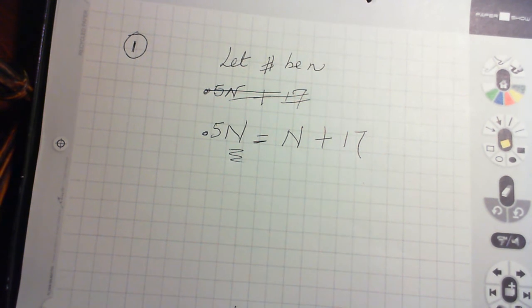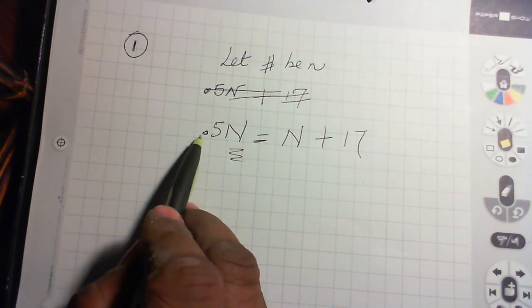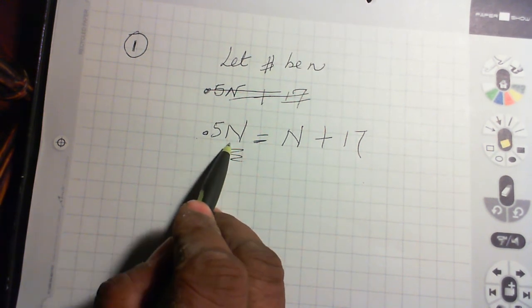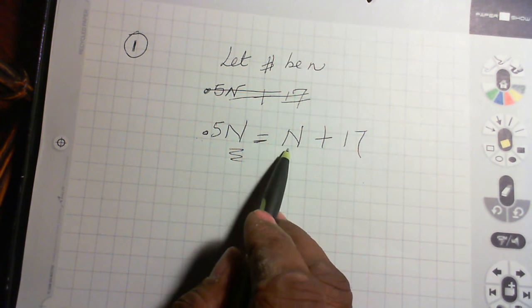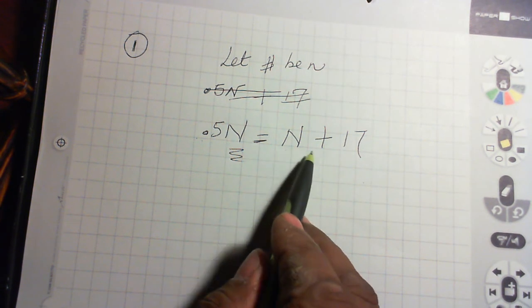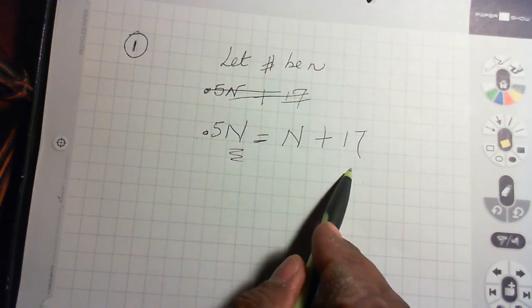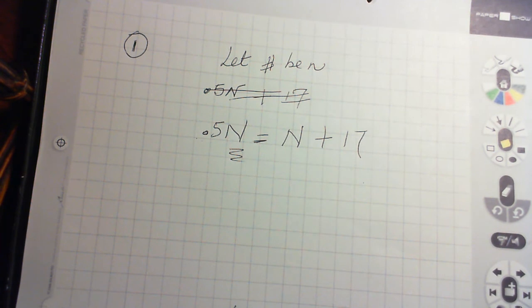Here's your number n. 50% of it, 0.5 times n, is equal to the number plus 17. There's a problem very much like this one on the test, so you should be able to do that on the final exam.